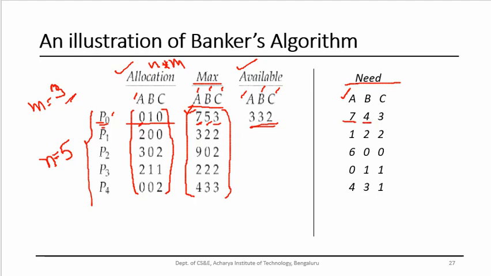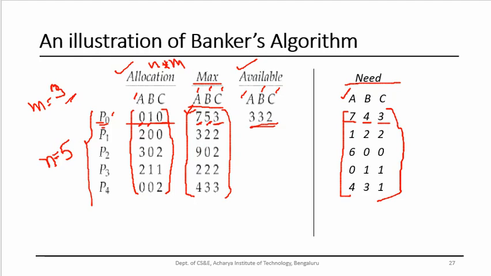Similarly, you calculate how many instances of resource type B are required by P0. What is the maximum that it needs? 5. And how many have been allocated? That is 1. So 5 minus 1 is 4. Similarly for C, 3 is the maximum number of instances of resource type C, and how many does it need? 3 minus 0, that is 3. So like that, I have now created the need matrix.